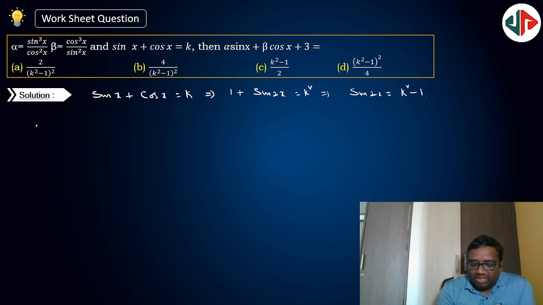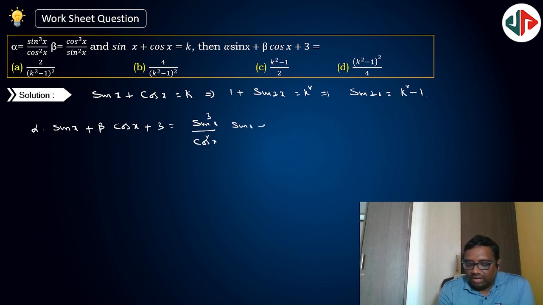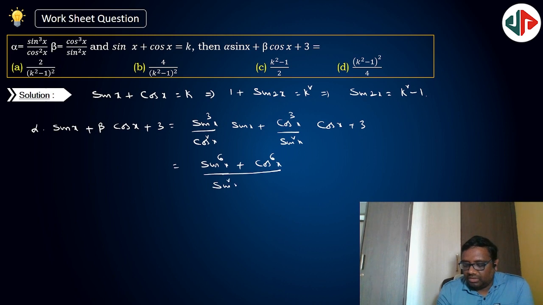Now here, what is the value of alpha times sin x plus beta times cos x plus 3? So what is our alpha value? Sin^3 x by cos^2 x into sin x plus beta value is cos^3 x by sin^2 x into cos x plus 3. So this value is nothing but sin^6 x plus cos^6 x by sin^2 x cos^2 x plus 3.